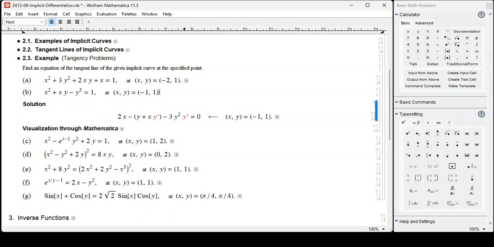Let's take the derivative implicitly. 2x, and the product rule. Something's not right. I made a typo here. This is negative.